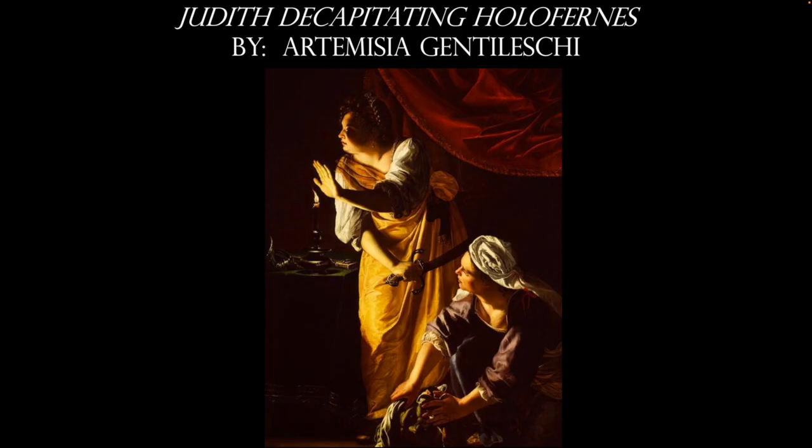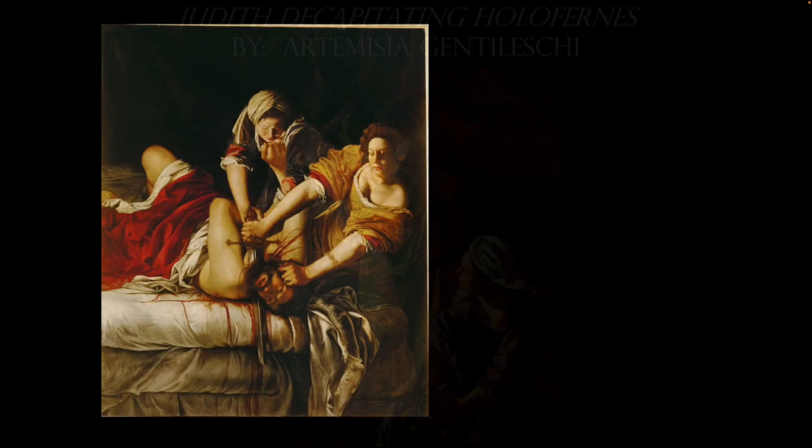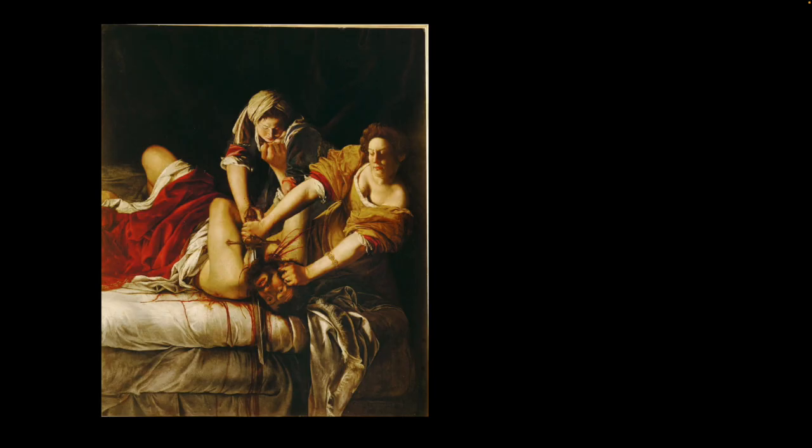We have Judith hiding herself from this one single flame, while her maidservant down below is shoving a decapitated head into a burlap sack. This is the before image. It tells the story of Judith and Holofernes, where Holofernes is the Assyrian general.